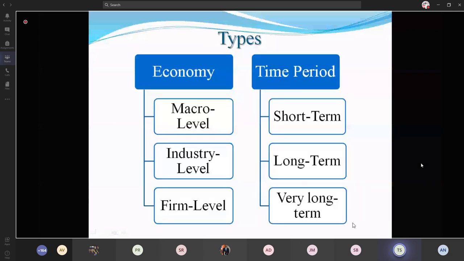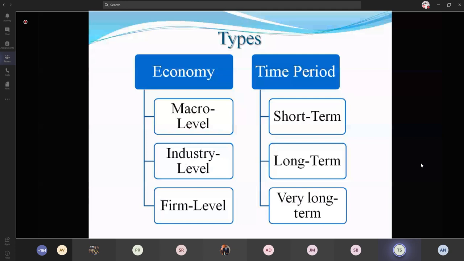Okay, next one is the type of demand forecasting, and this sometimes comes under the factors which affect demand forecasting. So the first one is based on the economy, the world economy. First one is the macro level. Macro level forecasting takes into account each and every product.